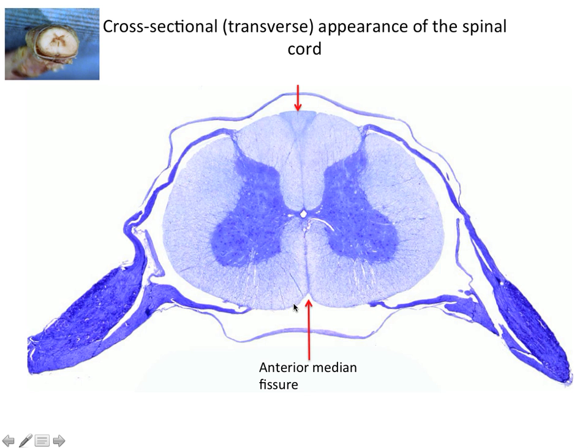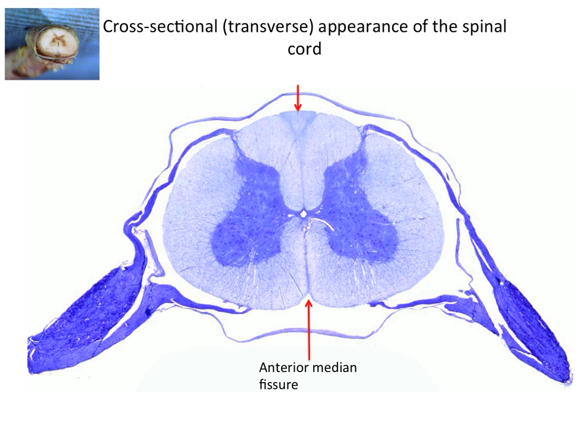Makes sense. Now this fissure, you can see it's quite wide here. It does thin out a little bit going towards the center of the spinal cord. But if you see this in situ, and unfortunately this isn't in situ, but you can still see the anterior median fissure here. It is quite wide indeed. So that's the first way to identify anterior.